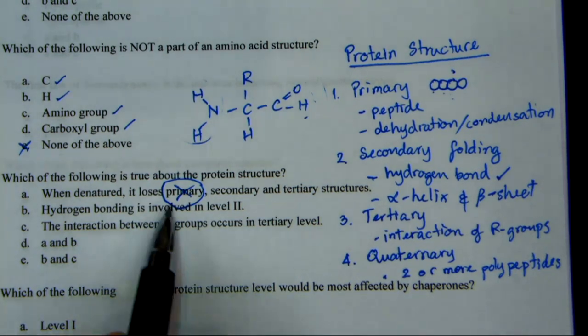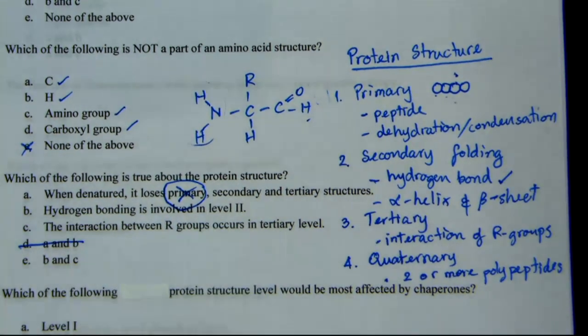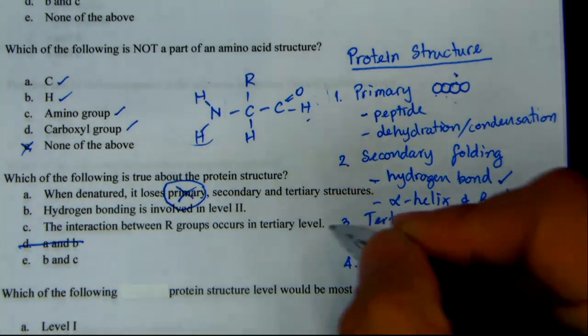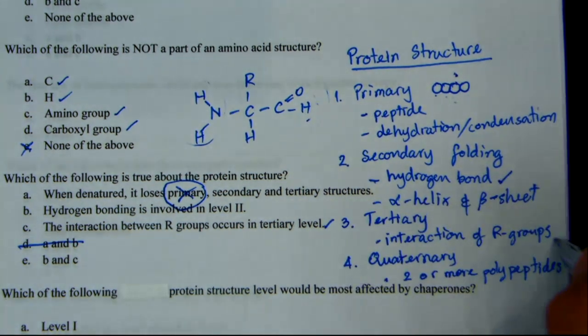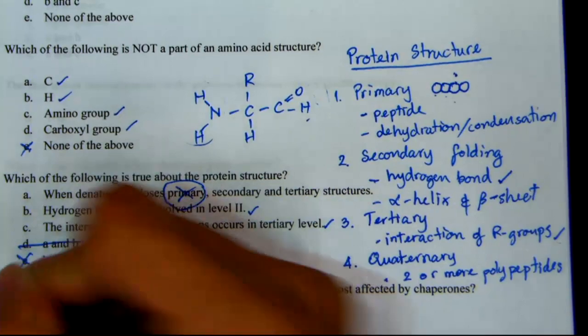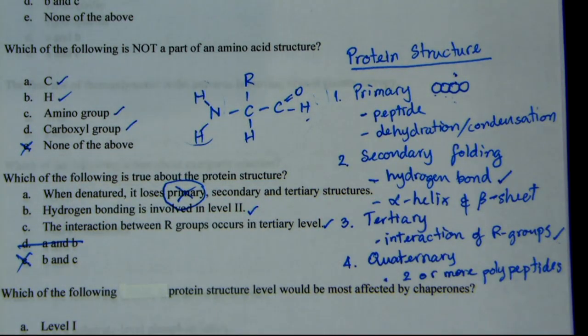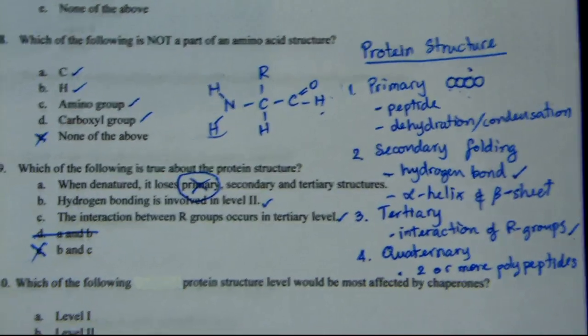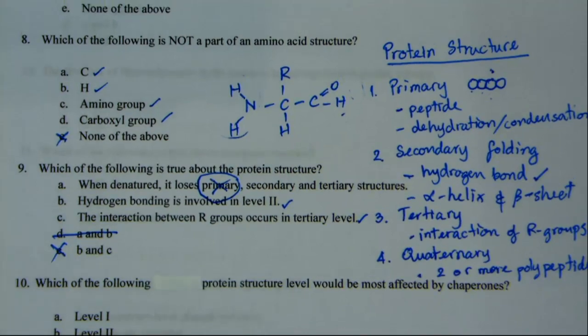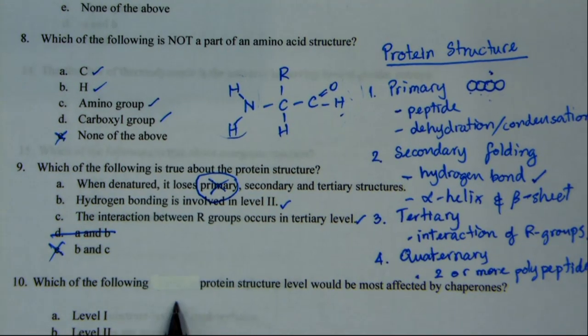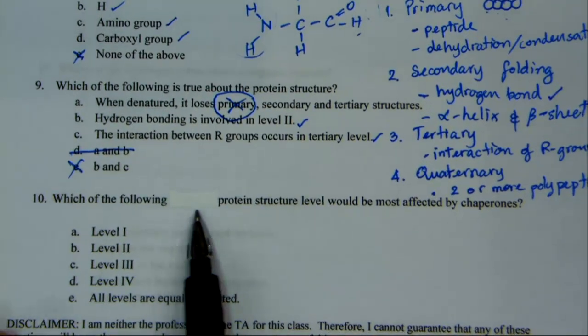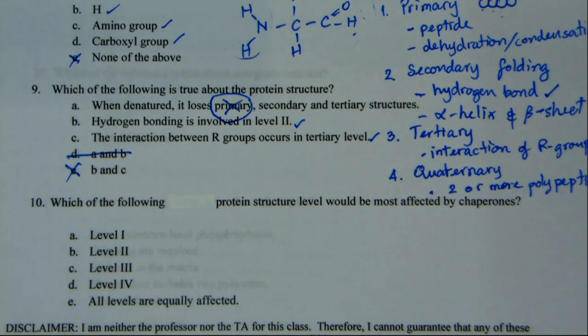So if A is incorrect, we also cross that one out. So for C, the interaction between R group occurs in tertiary level. That's also correct, right? So we have this. So the answer is B and C. Okay. So right here, when I have wiped out here, it's basically I had some typo on there.